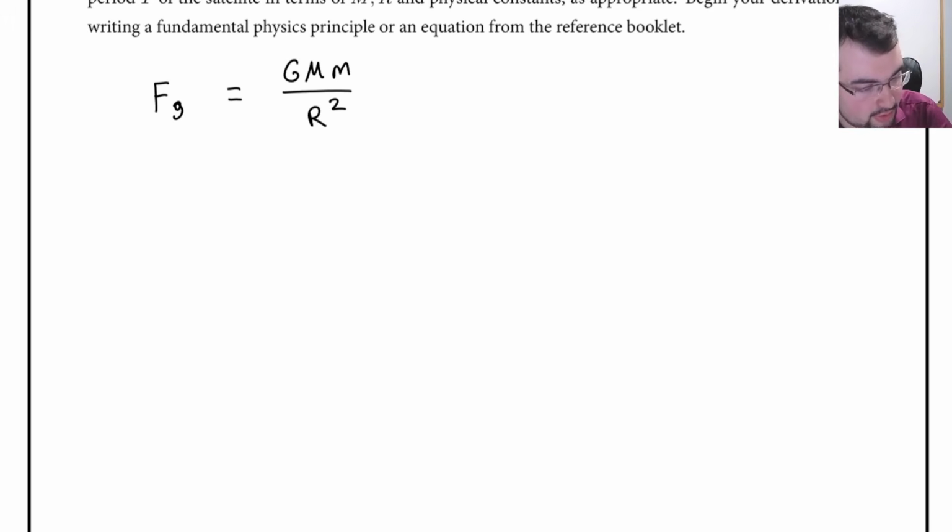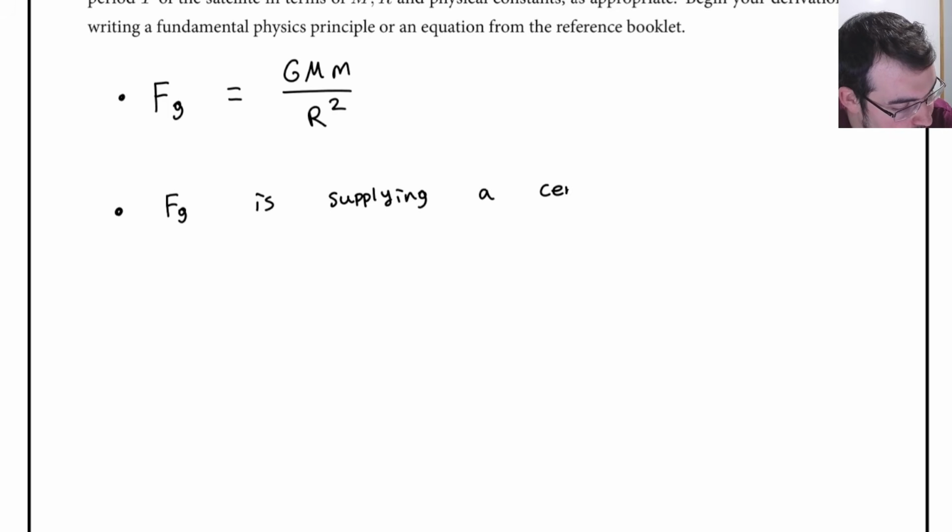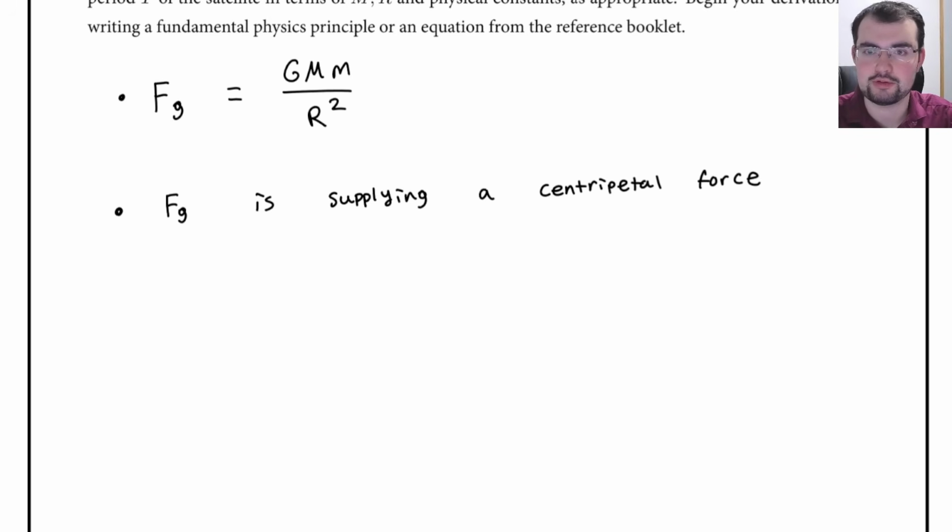But also we know that we're in a circle. And this means that Fg is supplying a centripetal force. So if the gravitational force is a centripetal force, remember centripetal isn't a type of force. It's really an adjective, it's not a noun.